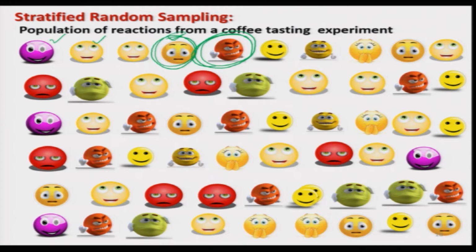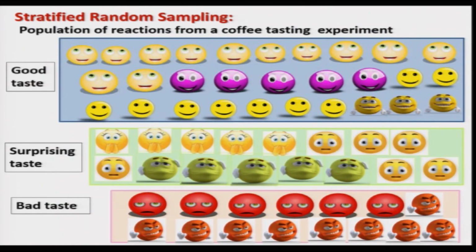So, now the thing is this, how can you draw the sample from here. What I try to do is divide the entire population with respect to different types of reactions. I have taken here 3 parts. One is good taste, another is surprising taste, and the third group is bad taste. Well, that is my choice. If you want, you can choose any other criteria like the color of the smiley also, and then you can group them together.